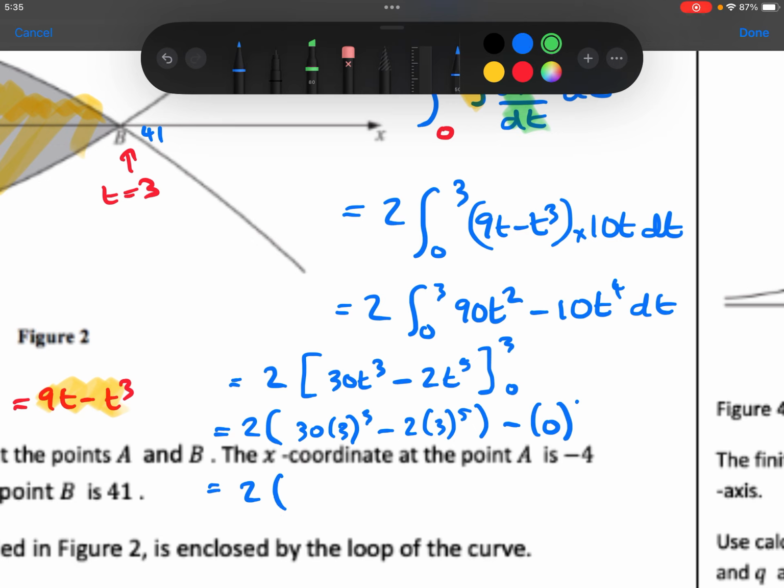Three cubed is 27 times 3 is 81, so that's going to be 810. 3 to the power 5 is 243. So this is going to be 286.